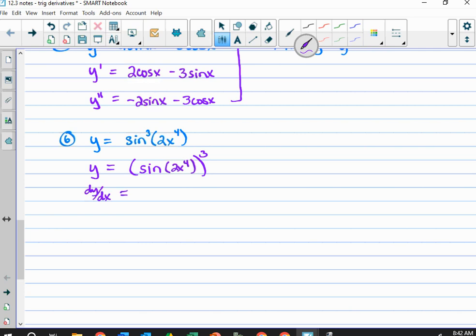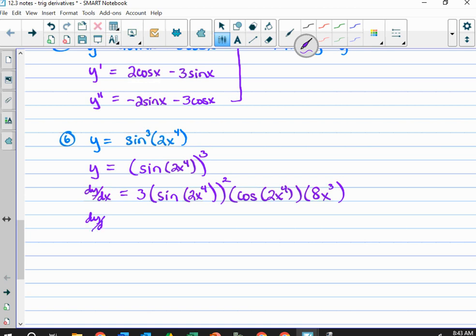Start going through it. So you've got to do chain rule. Start on the outside and work your way in. So we would have 3, leave the inside alone, so sine of 2x to the fourth, all of that squared. Then start working your way in. What's the derivative of sine? Cosine, so it would be cosine of, still leave the inside of that one alone, 2x to the fourth. Then times, what's the derivative of the inside piece? X cubed.